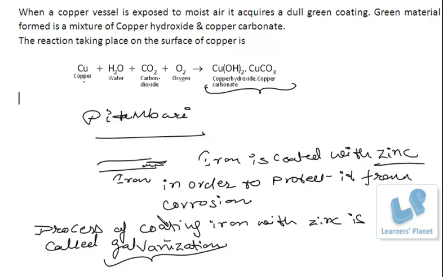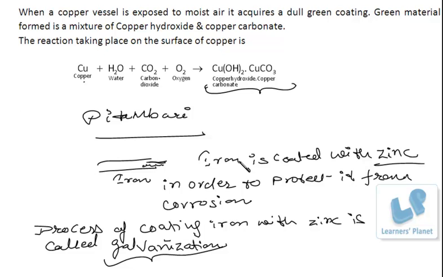Okay. Now let's see what is the nature of these oxides or hydroxides formed. Are they acidic or basic? What is the test for the acidic or basic nature of a substance? It's the litmus test. Acids turn blue litmus red, and bases turn red litmus blue.